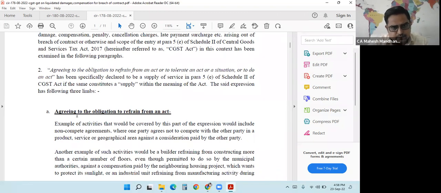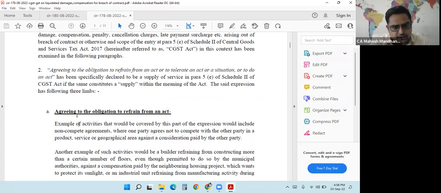In that case, the partnership firm may enter into an agreement with the partner that for a certain period of time, the partner will not engage in the same activities in which the partnership firm is already engaged. It may be manufacturing certain special goods or supply of certain special services.